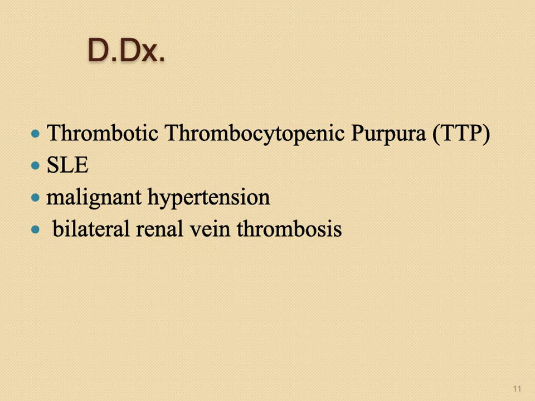In patients with hemolytic uremic syndrome, other causes of acute kidney injury associated with microangiopathic hemolytic anemia and thrombocytopenia should be considered and excluded. Those conditions are thrombotic thrombocytopenic purpura, SLE, malignant hypertension, and bilateral renal vein thrombosis.